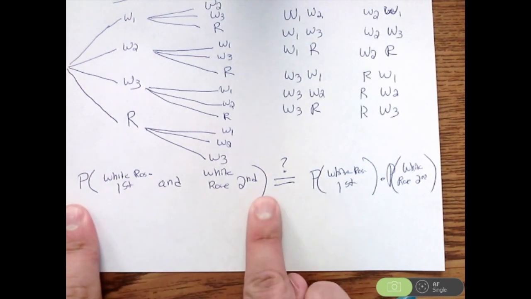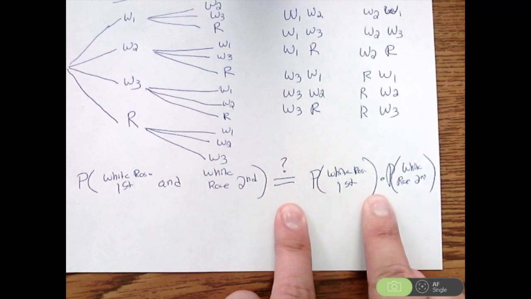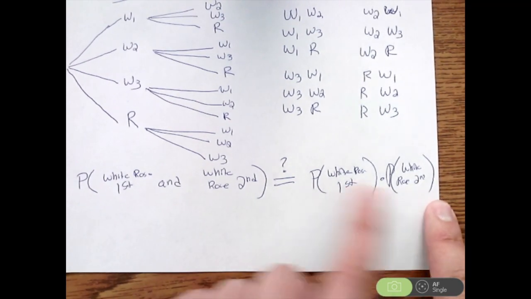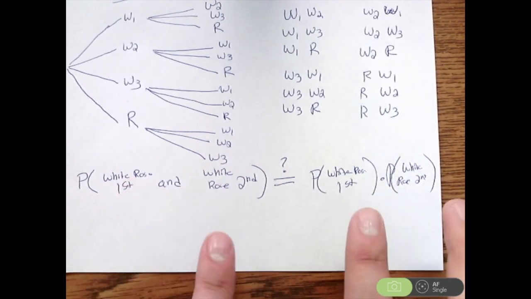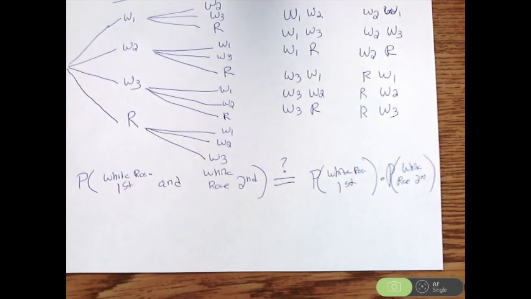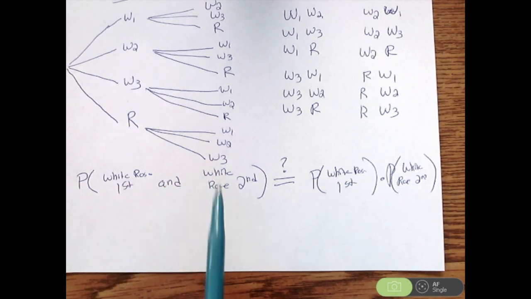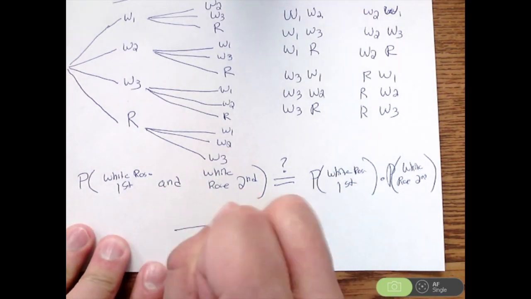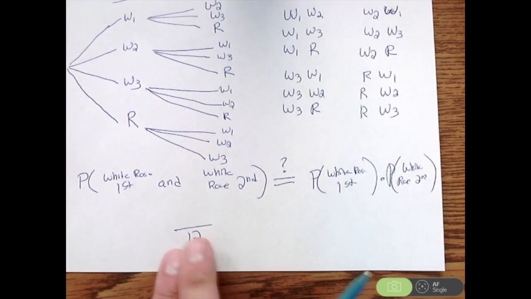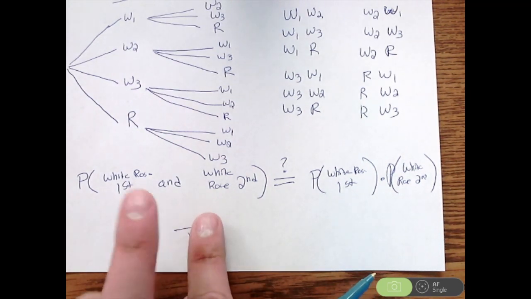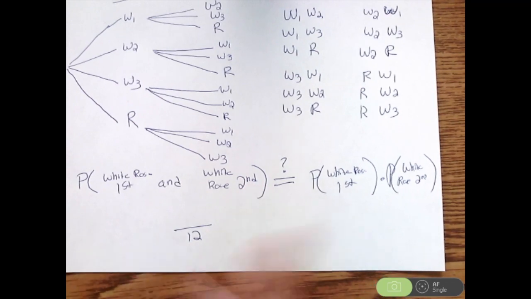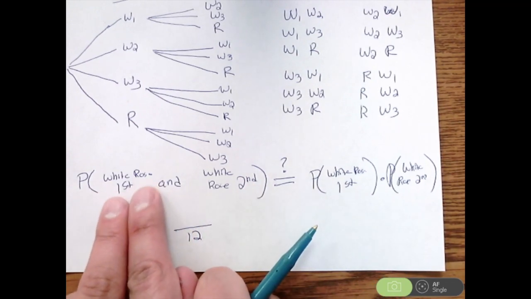I'm going to figure out each of these, 3 different probabilities. Then multiply the right side and see if it's equal to the left side. So I need to figure out the probability that I have a white rose first and a white rose second. From earlier, there are 12 total outcomes. I'm going to count how many outcomes have a white rose first and a white rose second.